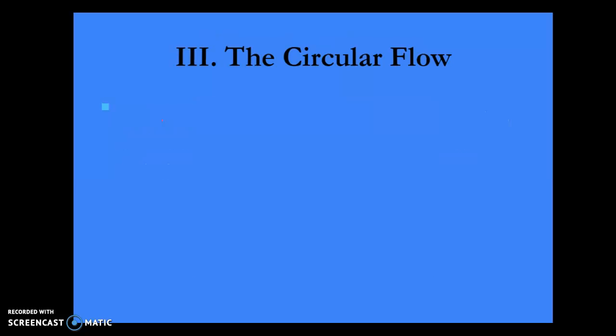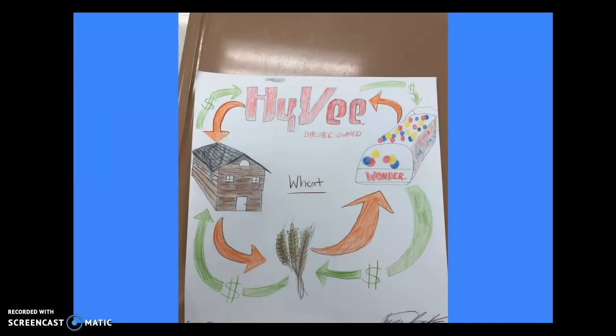The circular flow, so we're going to talk about now, this is going to be the circular flow of money and goods within a community or within a country, basically. And the picture I have here for you is basically of bread. So you notice that down here is our natural resource. Okay, so at the bottom of your picture should be your natural resource. This is obviously wheat.